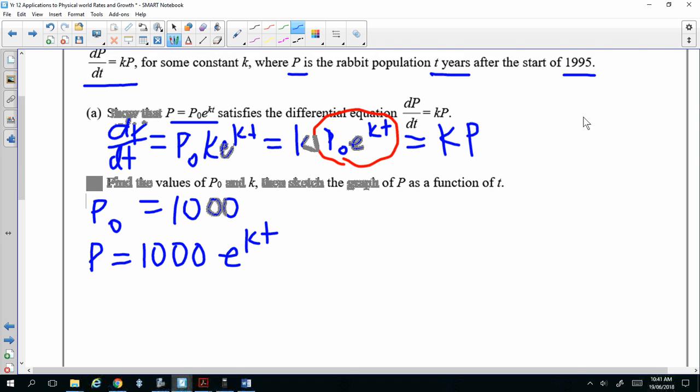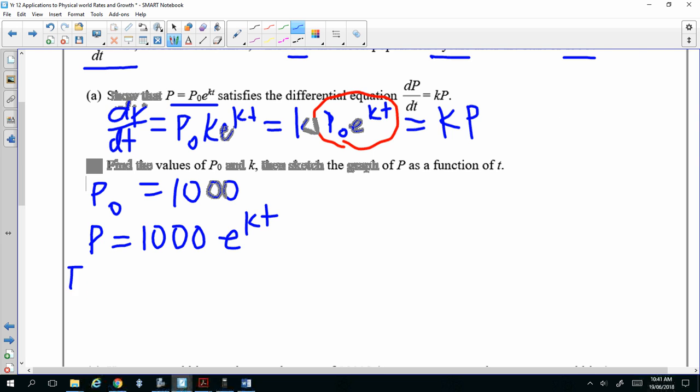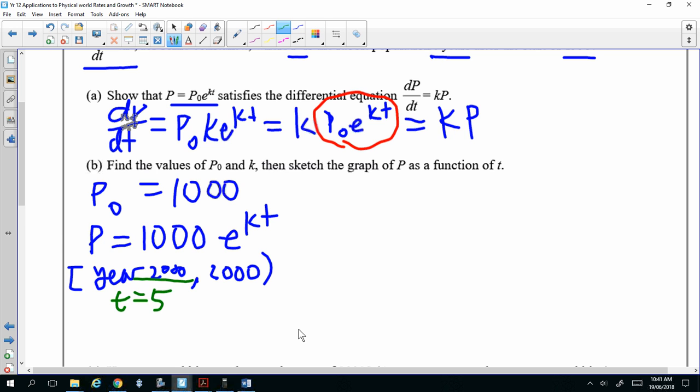Year 2000 will be 3,000 rabbits. Now, what's the value of t for that? That will be t equal to 5. So substitute t equal to 5 into the formula for P to work out k.